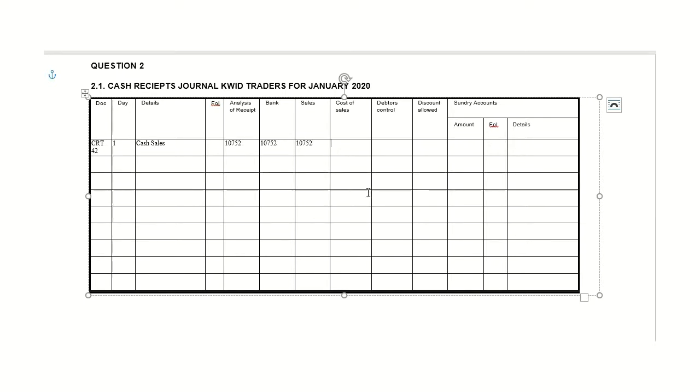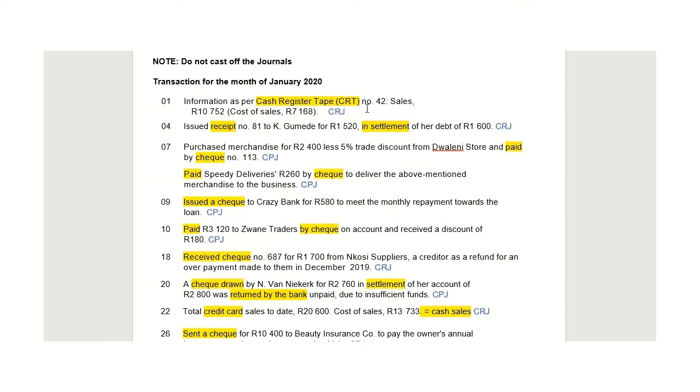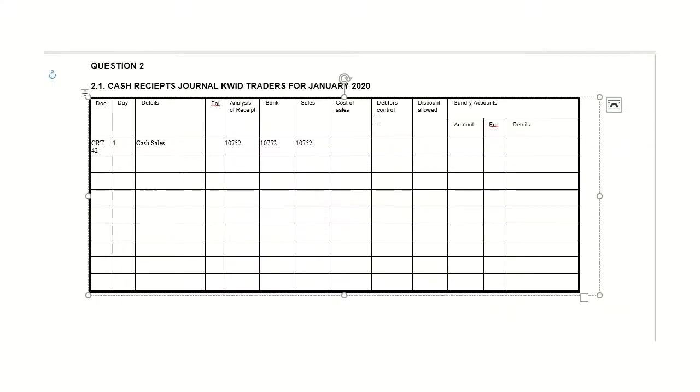Now, normally they would give you the markup percentage to calculate cost of sales. In this case, they did not. When we started the question, we couldn't find it, but here they give me cost of sales. So they were nice. I can simply use the amount that they give me, 7168. If not, you have to calculate it.